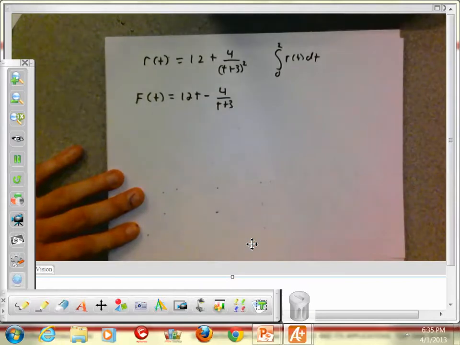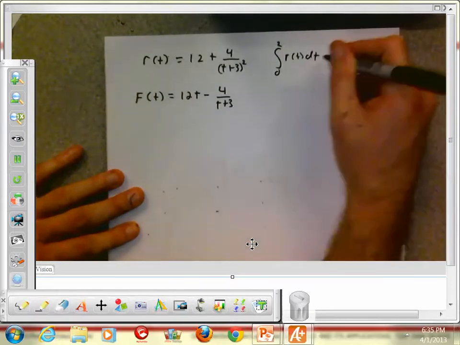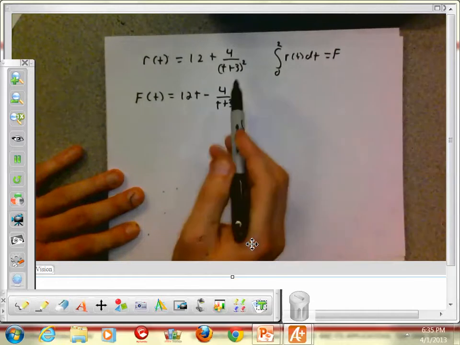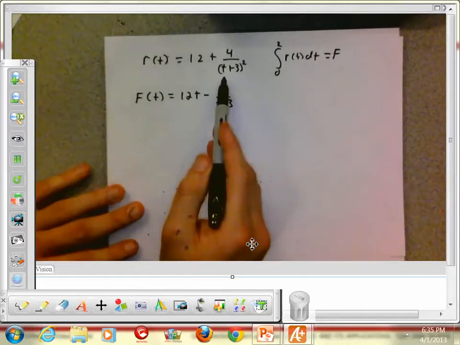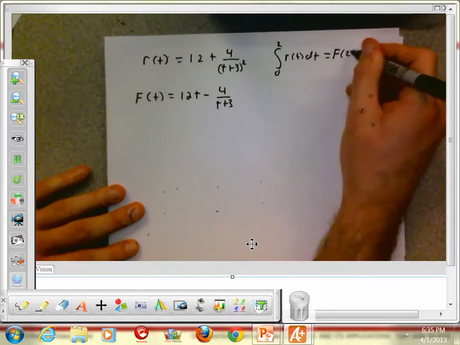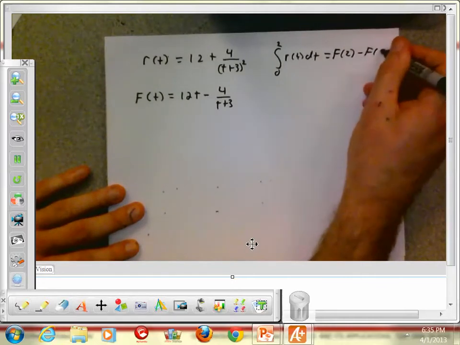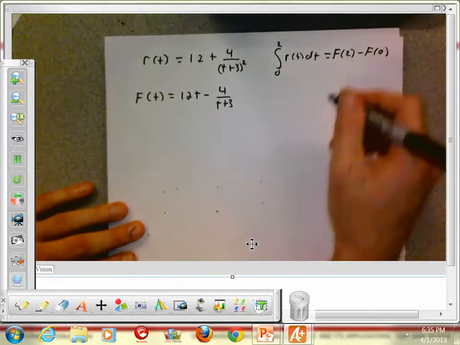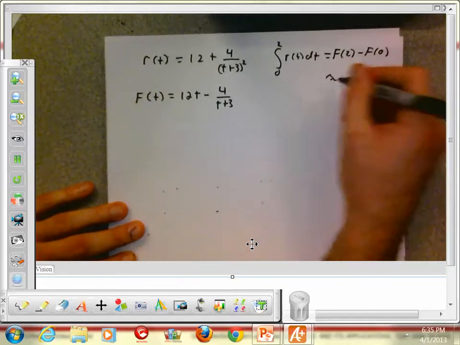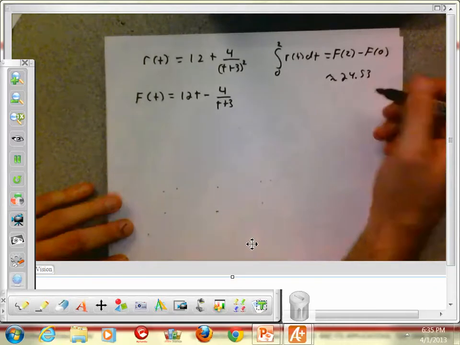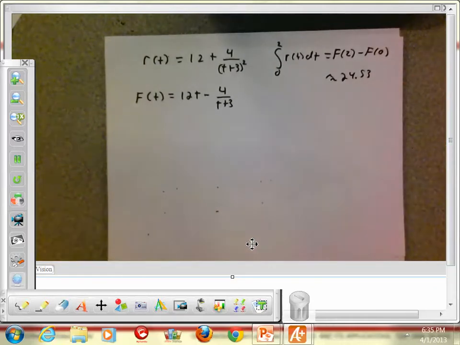Now, since this is an antiderivative and a continuous function between 0 and 2, the solution to this problem by the fundamental theorem of calculus is going to be f of 2 minus f of 0. And we found that f of 2 minus f of 0 was approximately 24.53. Okay, so that's just a quick sum up of what we did here.